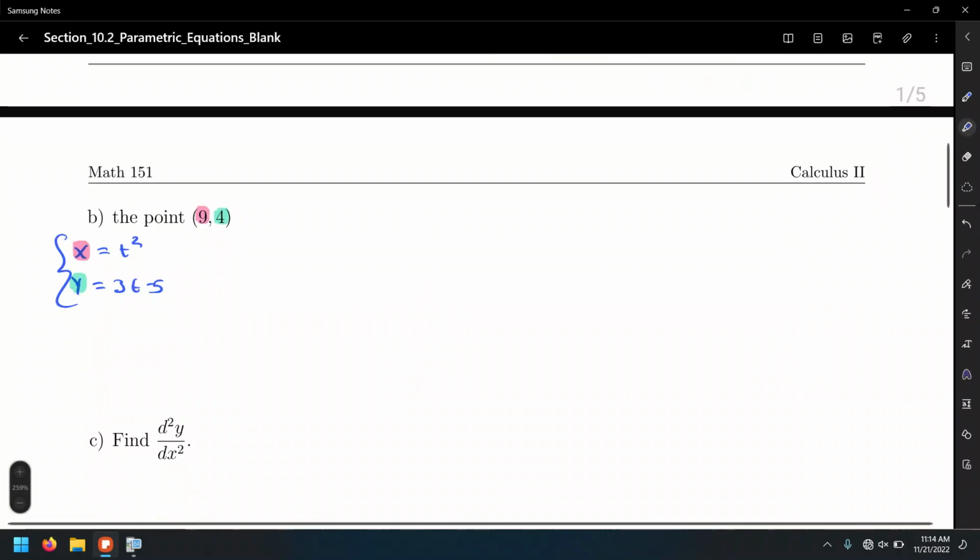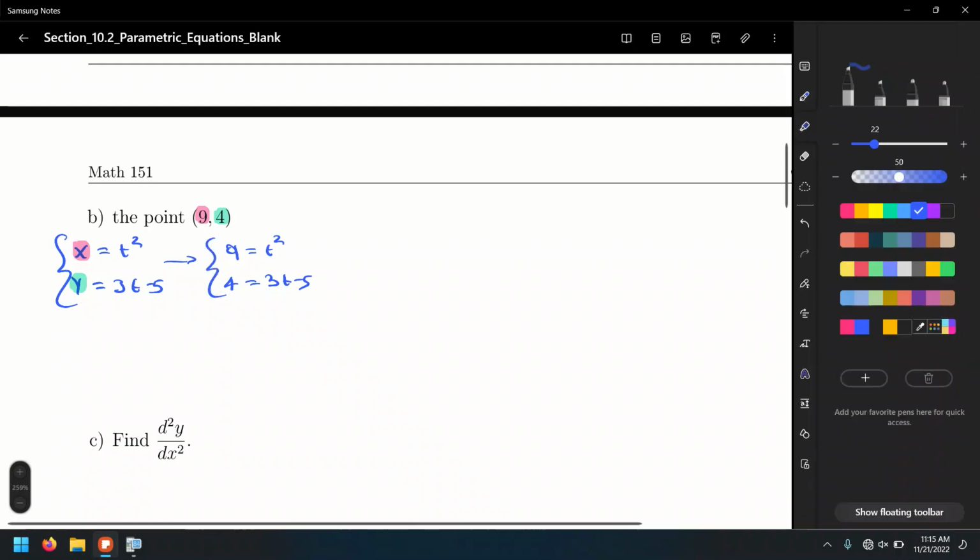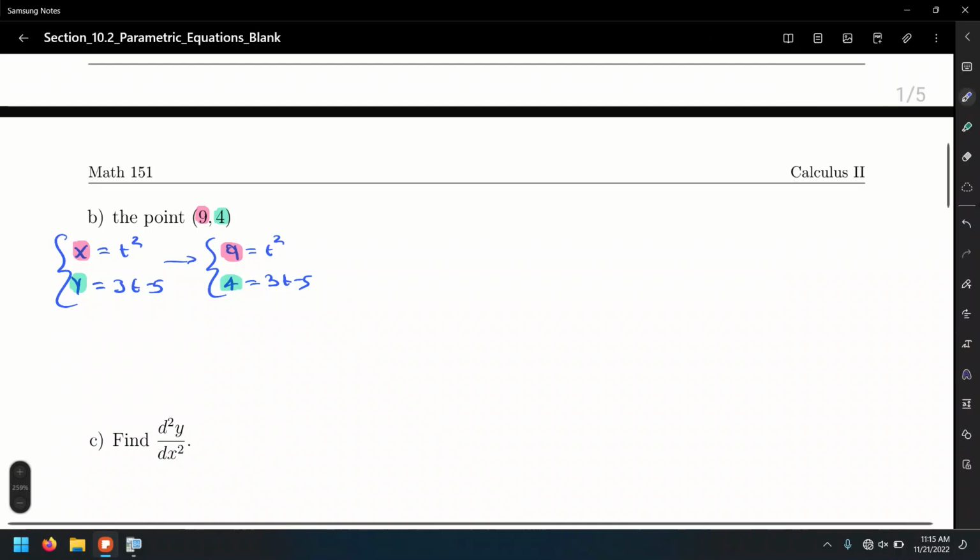It's not necessarily a system of equations because it's only one variable, t. So let's set 9 equals t squared and 4 equals 3t minus 5. Let me keep highlighting these quantities so you can see what I'm substituting, all right? So this will create two equations that we will solve.